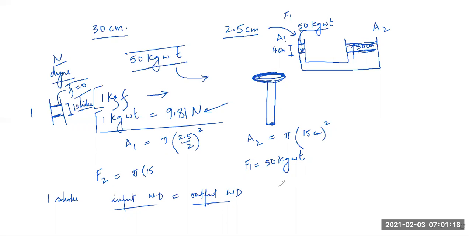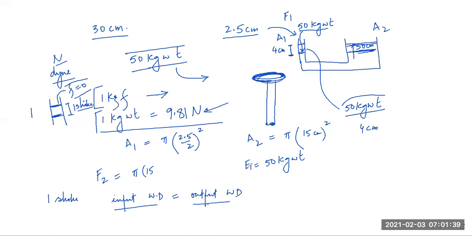So students, what is work done? What will be the work done on this piston? Can any student tell me how much force is being applied? 50 kilogram weight, and the piston has moved by a distance of 4 centimeter.